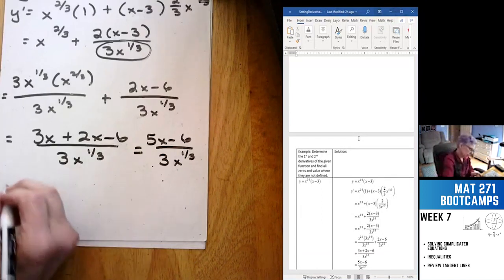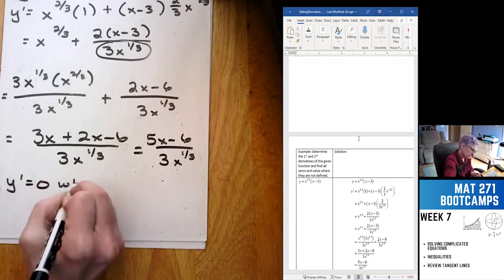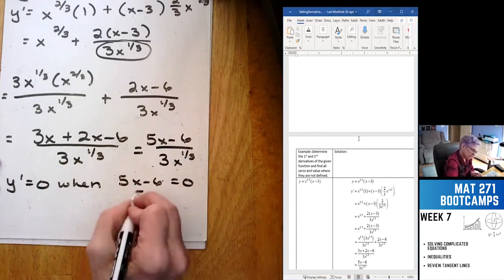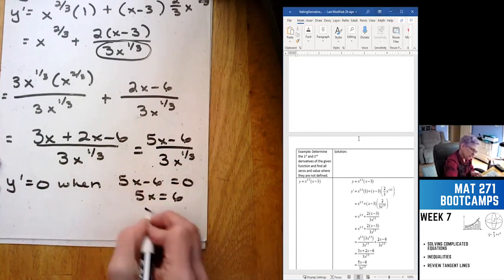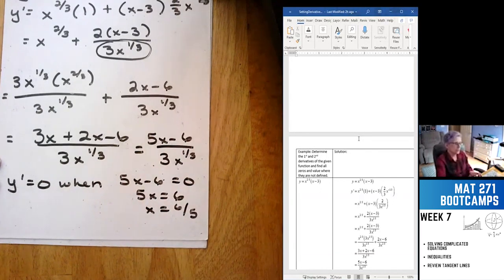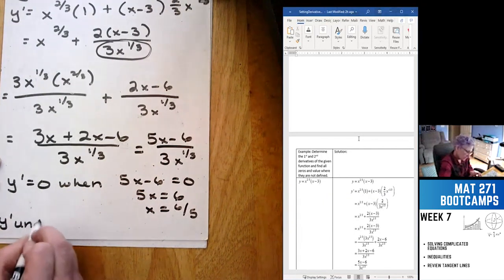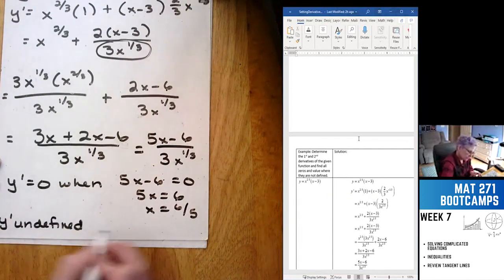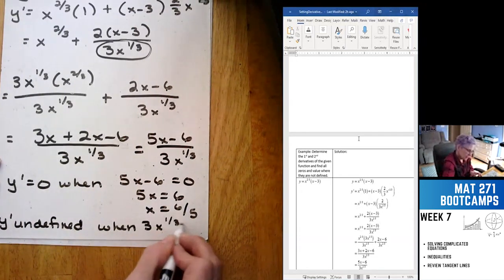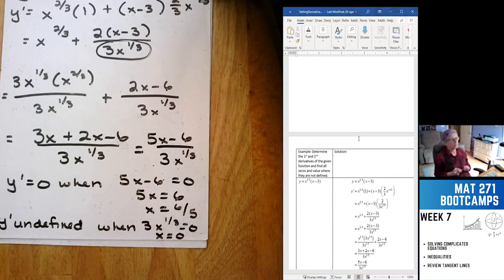Now I'm ready to figure out when the derivative is equal to 0. So when 5x is equal to 6, when x is 6 over 5, and then y prime is undefined when 3x to the 1/3 equals 0, and that happens when x is equal to 0.